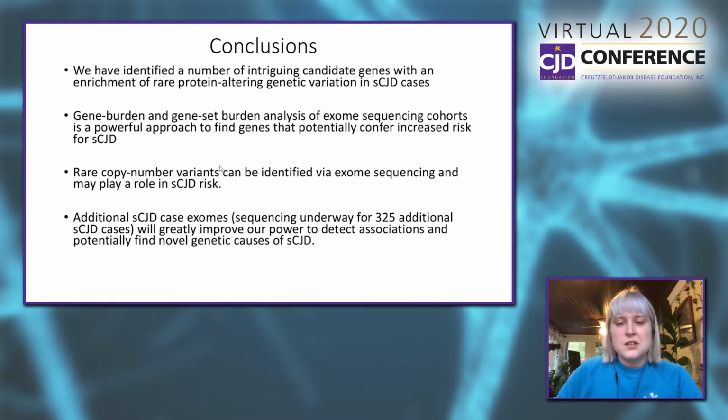Rare copy number variation is another avenue to look at, and we can identify these via exome sequencing, and these also may play a role in sporadic CJD risk. Additional sporadic CJD case exomes, so these additional 325 patients that we will sequence, will greatly improve our power for all of these associations that we've discussed, and hopefully find novel genetic causes of sporadic CJD.